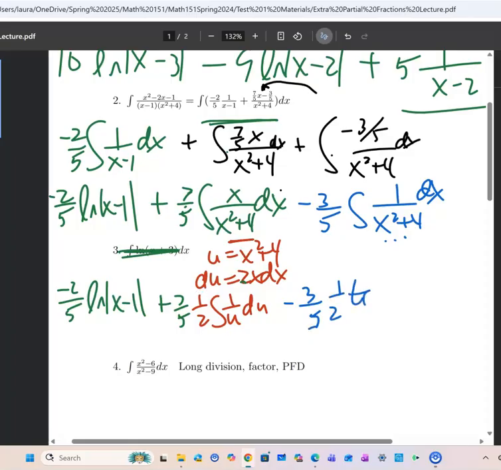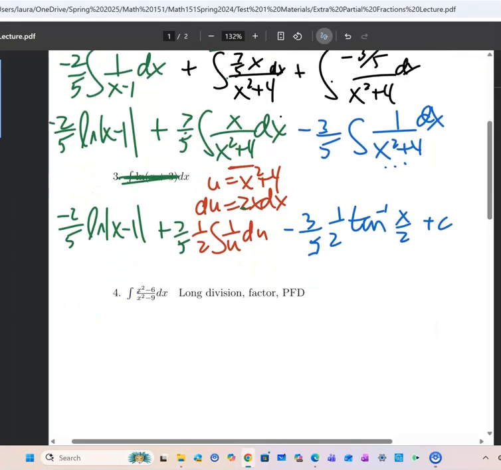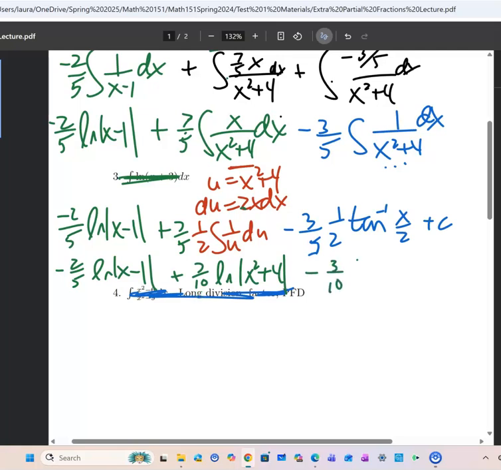So 1/2 arctangent of x over 2 plus c. So then, carrying everything along, negative 2/5 ln of x minus 1, so plus 7/10 ln x squared plus 4, and then minus 3/10 arctangent of x over 2 plus c.